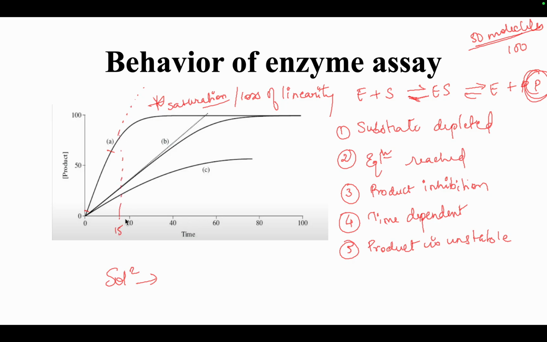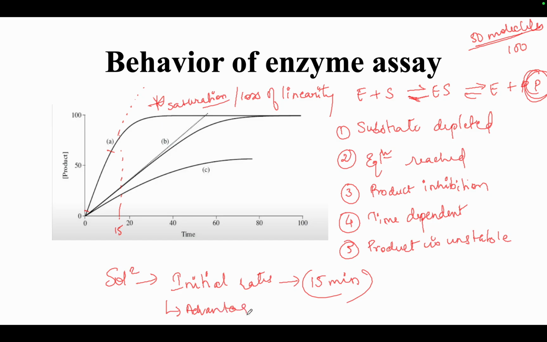Let's say these are 15 minutes, so we can plan an assay that would measure only the first 15 minutes of the overall assay conditions. And measuring initial rates has many advantages.